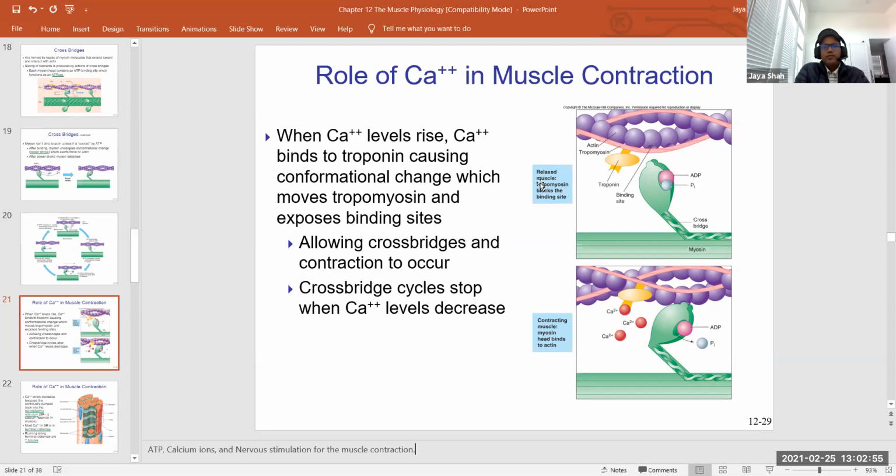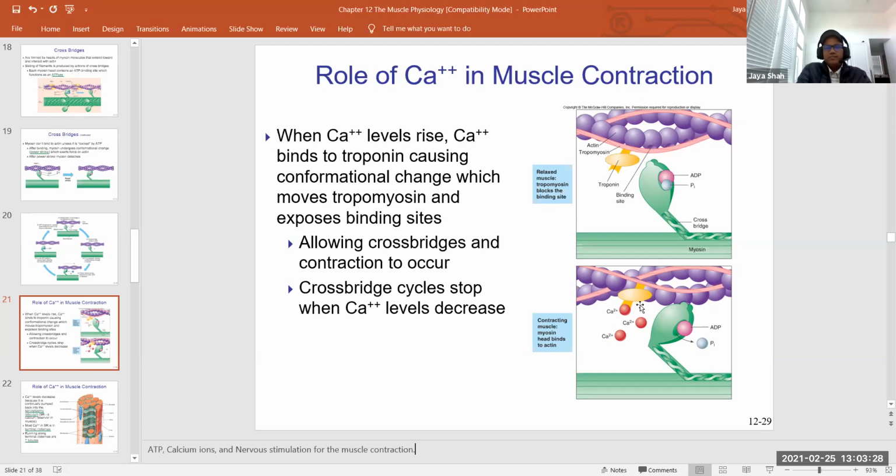So you can see, this is relaxed muscle and this is contracting muscle. In the relaxed muscles, you have actin, myosin, myosin head, then you have troponin, and you have the long thread of tropomyosin. And you see here in relaxed muscle, tropomyosin is covering the binding sites.